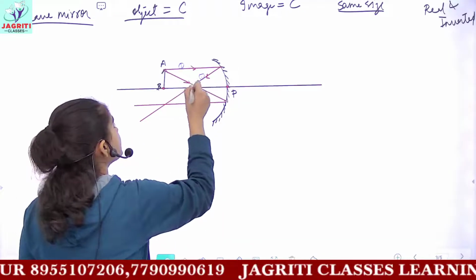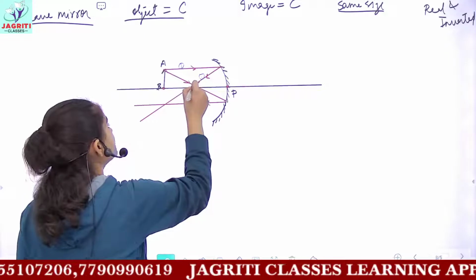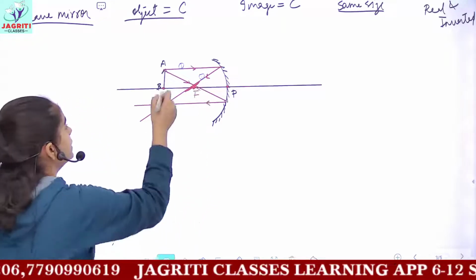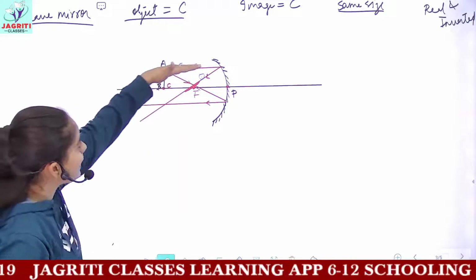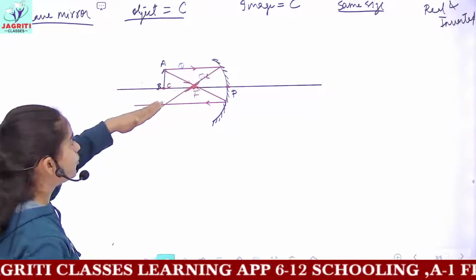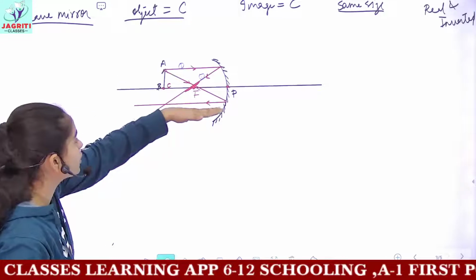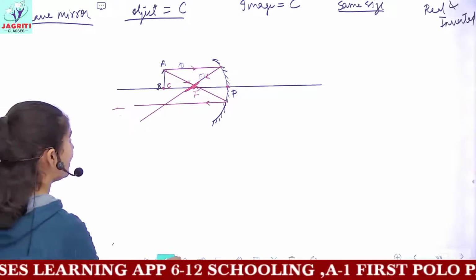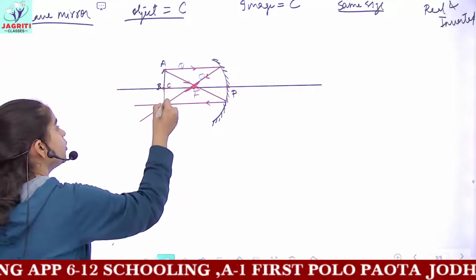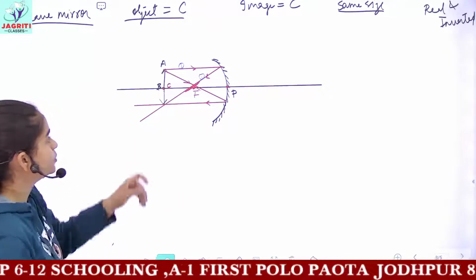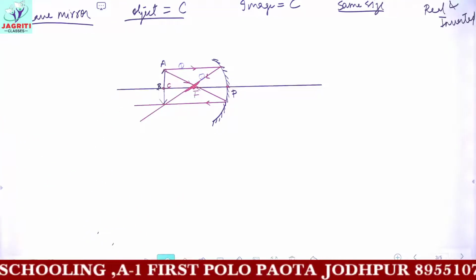This should intersect somewhere here at this point. So this would be the focus. This point is the center. And now when these light rays pass through the focus, they become parallel to the principal axis. And now the image formed is in this manner. So this gives you a diagram for formation of the image.